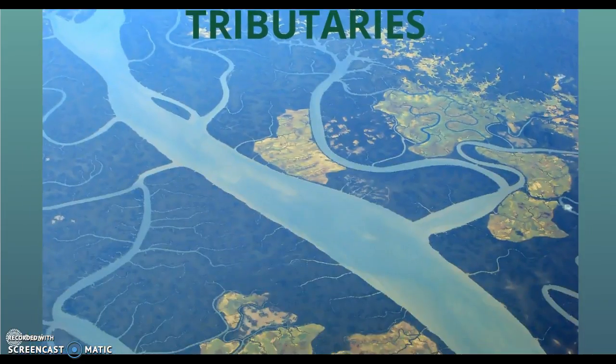And a tributary is the other, smaller rivers which flow into the main river. It would be the same as afluentes. Serían como afluentes del principal río. This is what we call tributaries.